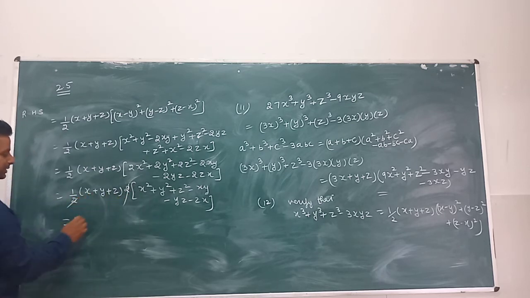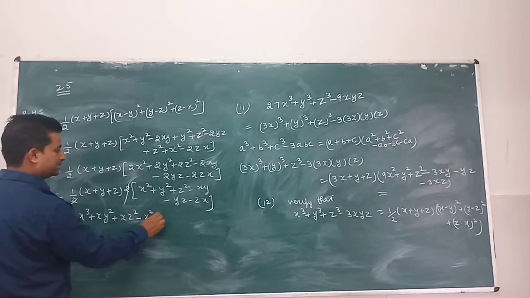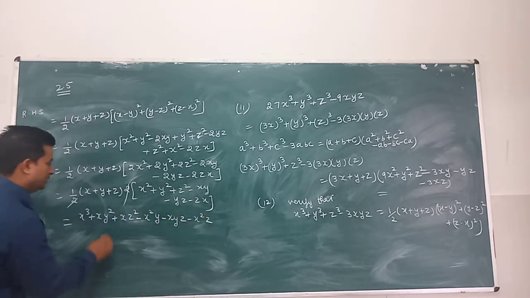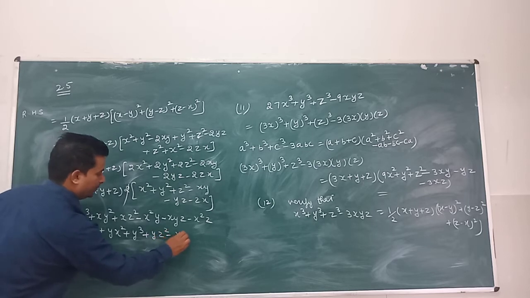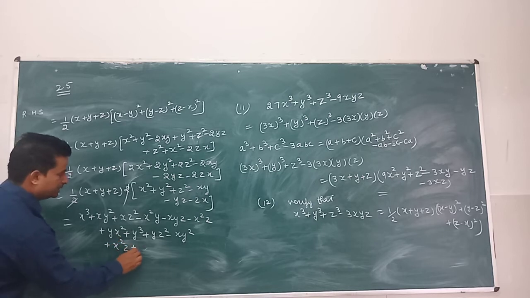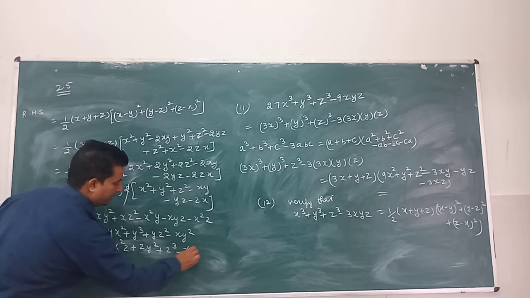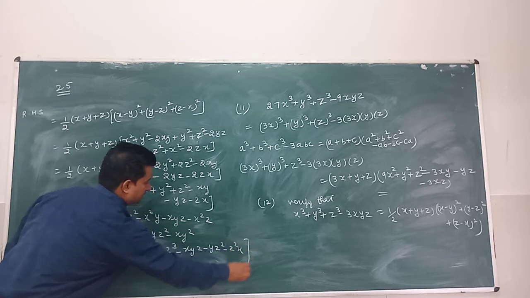When we multiply this by x: x cube, xy square, xz square, minus x square y, minus xyz, minus x square z. When we multiply this by y: x square y, y cube, yz square, minus xy square. When we multiply this by z: x square z, zy square, z cube, minus xyz, minus yz square, minus z square x.